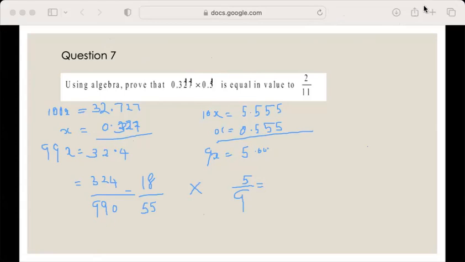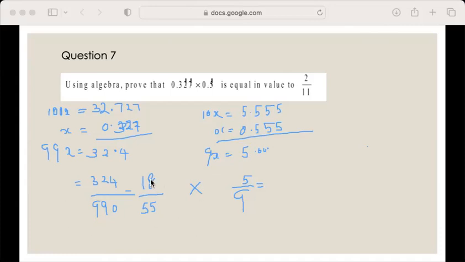One thing that you can do is write 18 times 5 on top and 55 times 9 on the bottom, and then it will be a big fraction and you need to simplify.